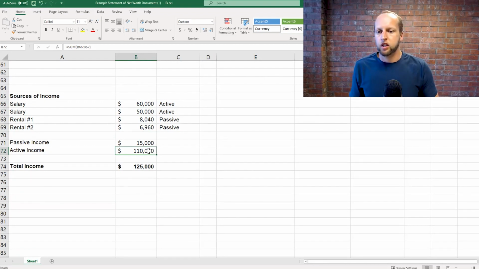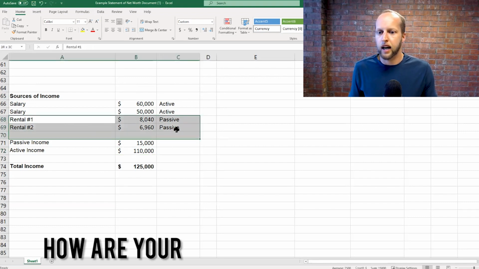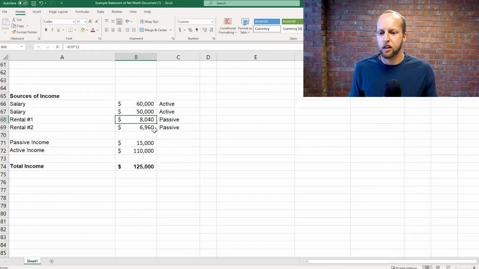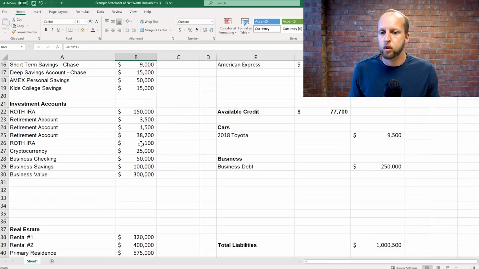This is a great section that over time you want to continue to expand out and see how your assets are producing income. So again, 15 grand. And if they can work over time to get this 15 up to 110, at that point these guys are free, right? They don't have to keep those active income jobs, and they will still have passive income working for them to cover their lifestyle.